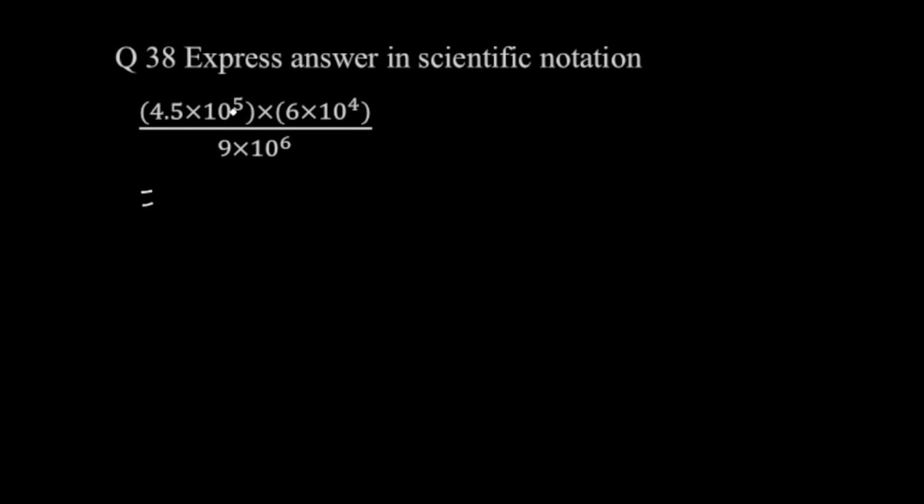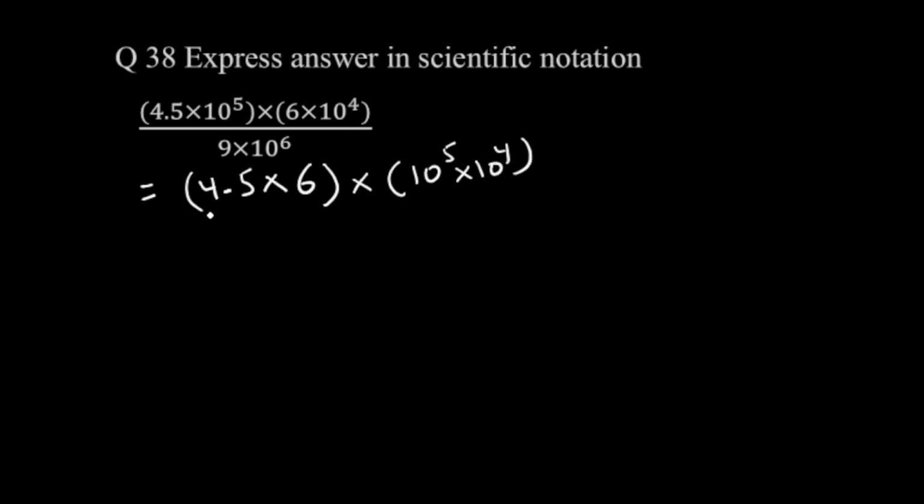4.5 multiply 10 to the power 5 multiply 6 multiply 10 to the power 4 divided by 9 multiply 10 to the power 6. Okay, let's make an arrangement of non-exponent terms and exponent terms. That means 4.5 multiply 6 multiply 10 to the power 5 multiply 10 to the power 4 divided by 9 multiply 10 to the power 6. 4.5 multiply 6 is 27.